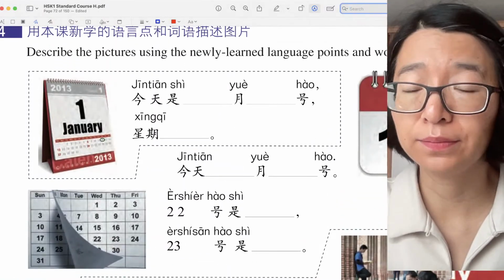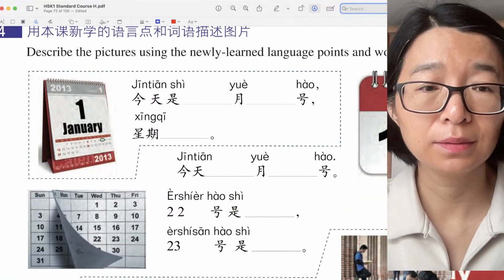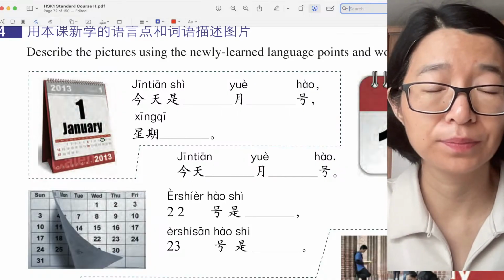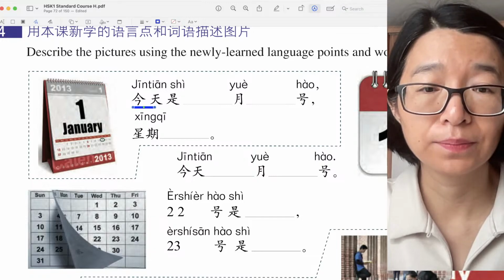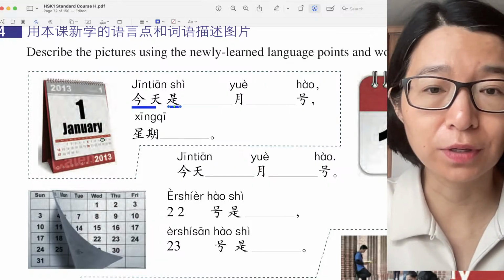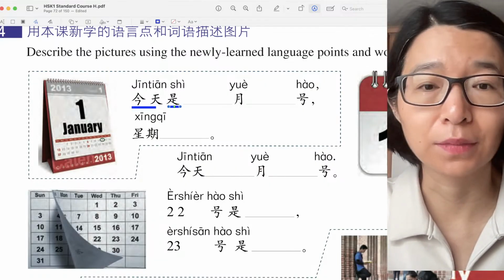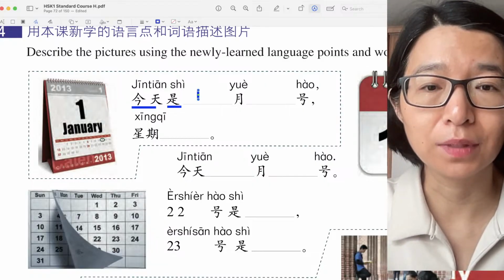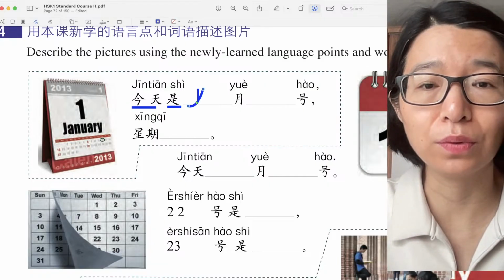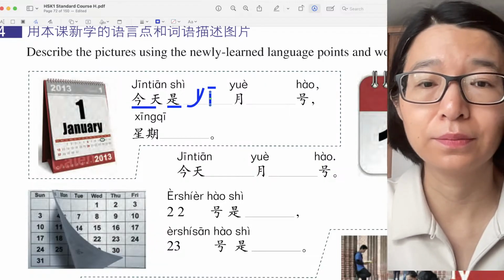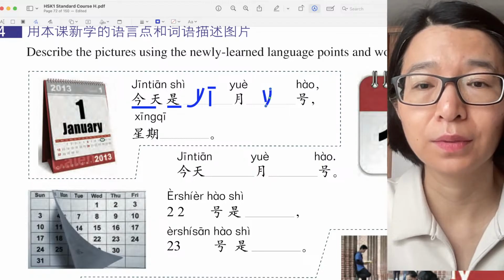Now let's look at the picture one, and we're going to fill in the blanks. 今天是 Today is January 1st. That is 1月. 今天是1月1号。If you want to write pinyin, you can write pinyin.